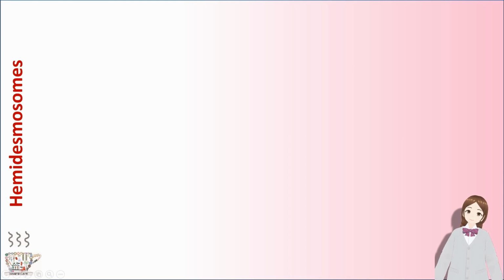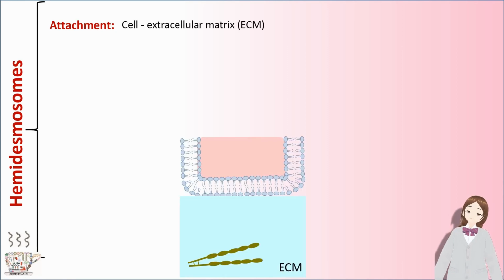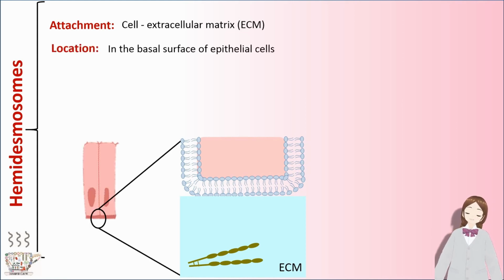Hemidesmosomes. Hemidesmosomes have cell to extracellular matrix or ECM attachment. They are located in the basal surface of epithelial cells.